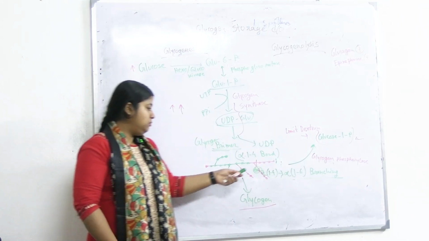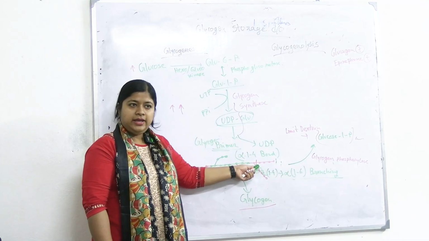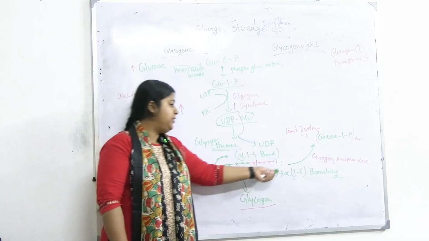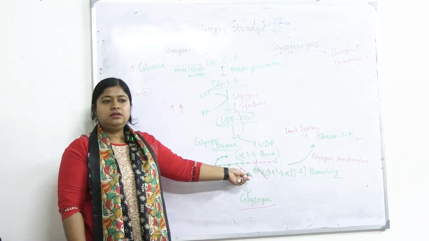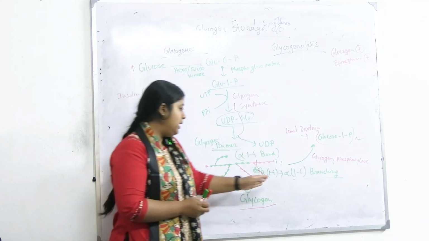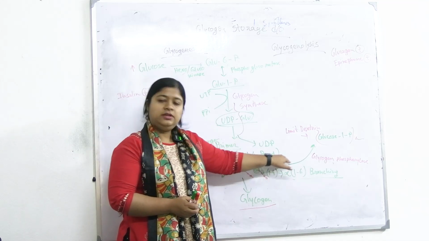Next, what should be done? This branch will be broken and attached in a linear version. So this is the debranching enzyme, where alpha 1,6 is broken and alpha 1,4 is created.